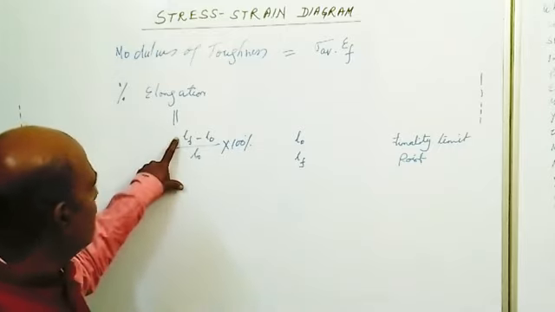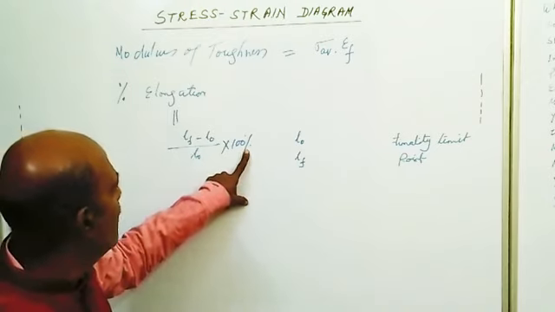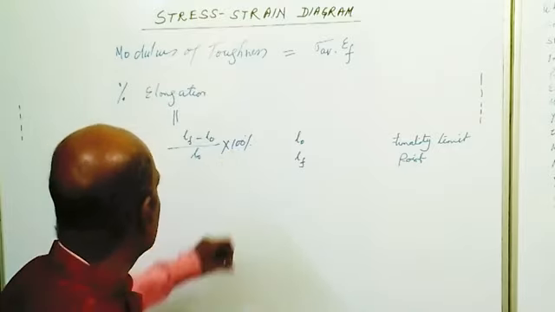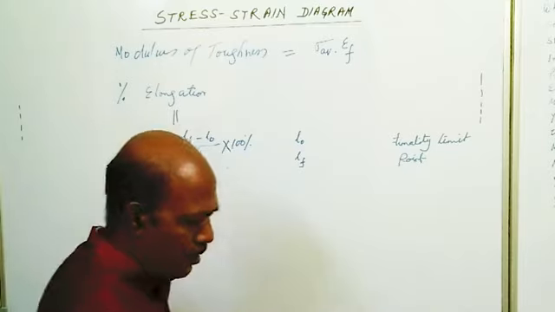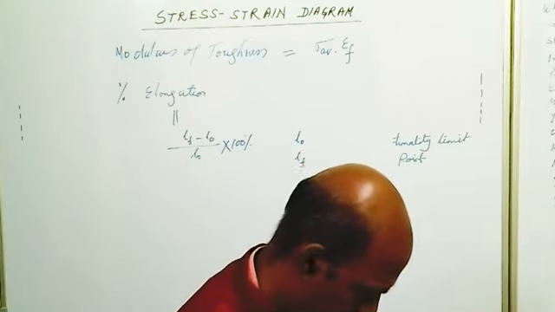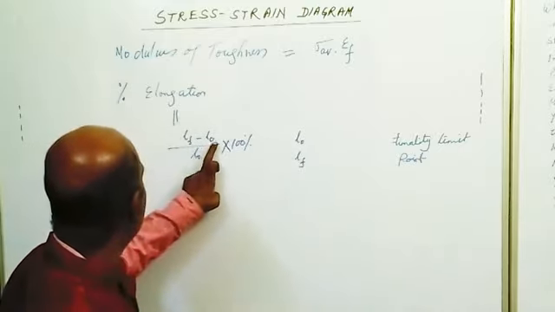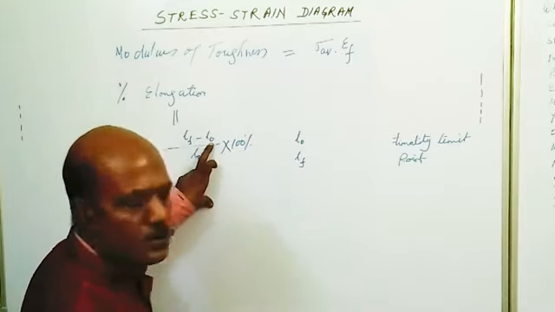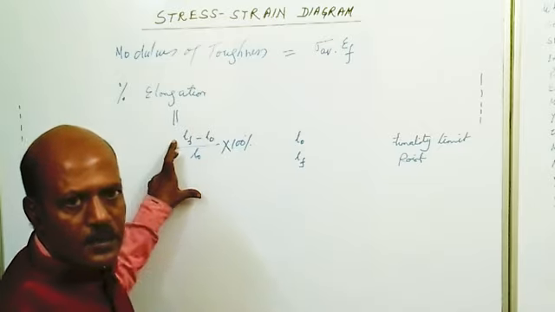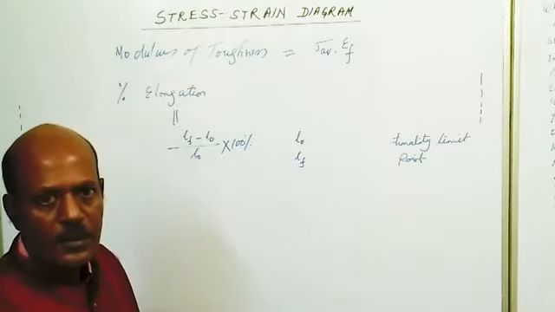That means change in length per unit original length expressed as percentage is called percentage elongation.